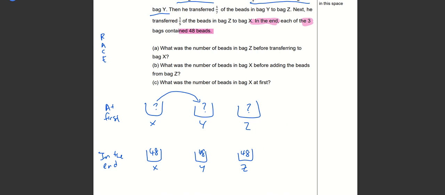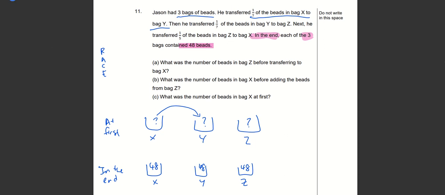So this is step 1, X goes to Y. Then step 2, Y goes to Z. Then the last part, step 3, Z goes back to X. So X to Y, Y to Z, Z goes back to X. Okay? So that was the movement.